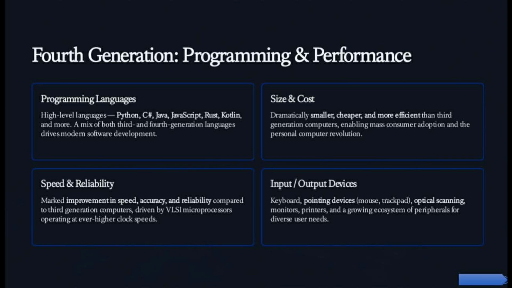This was because of improvements in microprocessor and VLSI technology. Our slide also mentions higher clock speeds. Simply explained, clock speed refers to how fast the processor operates. So as processor technology improved, computers became capable of processing instructions more quickly.